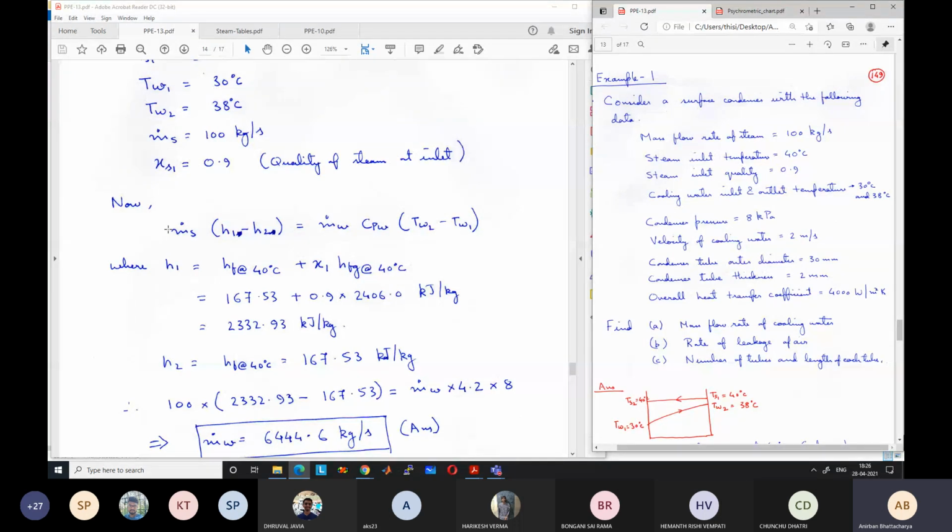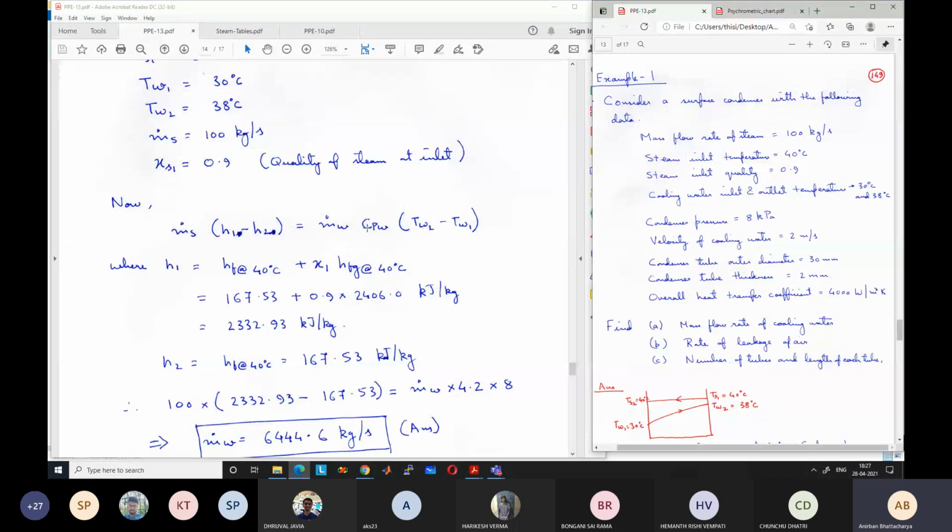This is equal to the change of energy in the water, which is equal to the mass flow rate of water m dot w into Cp of water into Tw2 minus Tw1. Instead of this, we can also use directly Hw2 minus Hw1 and, as an approximation, use the saturated enthalpy, or we can take Cpw as some value, like 4.18 or 4.2, and based on that and Tw2 minus Tw1 we can calculate this.